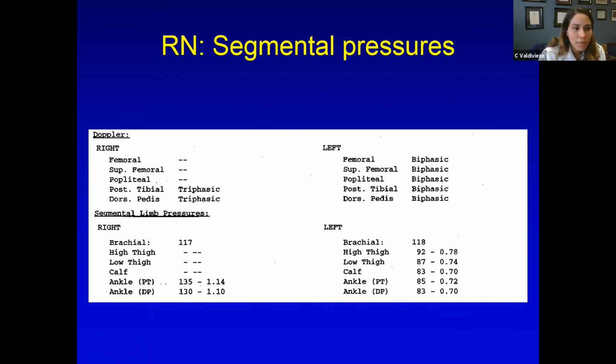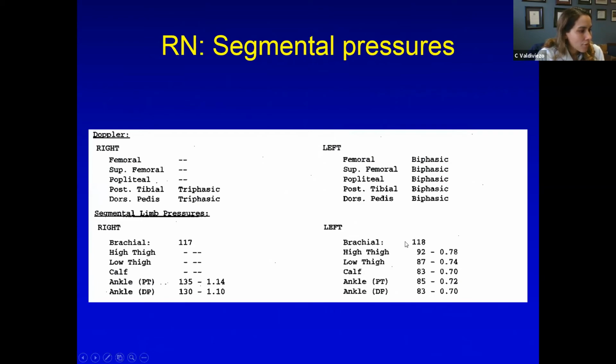So if you look at the segmental pressures in this patient, she complained more of left-sided symptoms compared to the right. If you look down here, the segmental limb pressures: brachial systolic pressure on the right was 117, and not obtainable on the lower extremities.